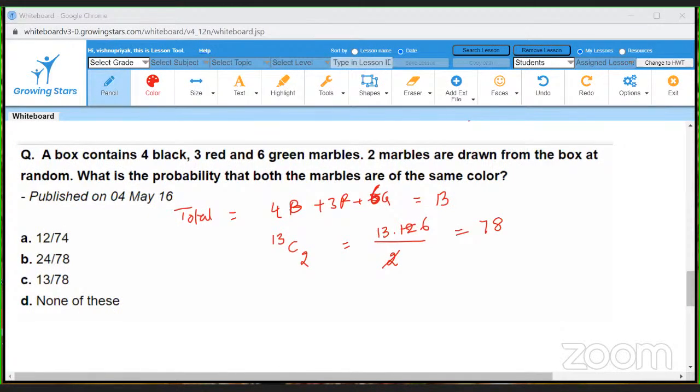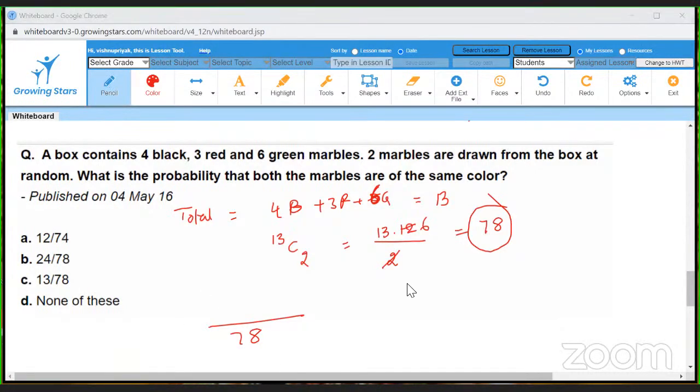For selecting marbles, a total of 78 ways are there. But once the marbles are selected, the 2 marbles should be of the same color. Out of these 78 ways, both marbles selected should be of the same color.